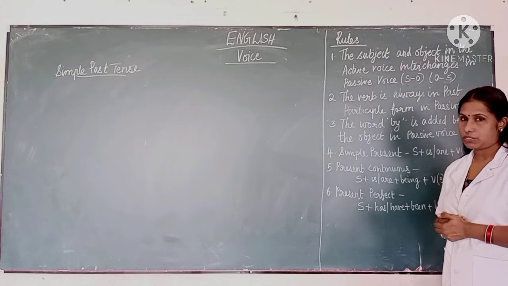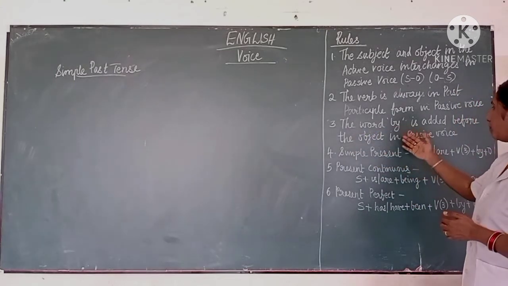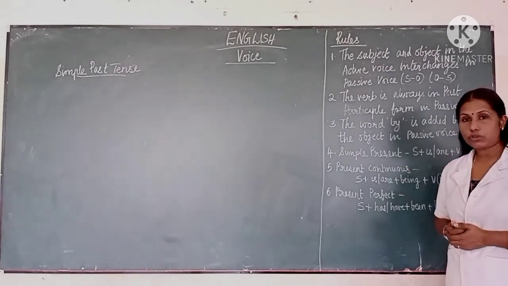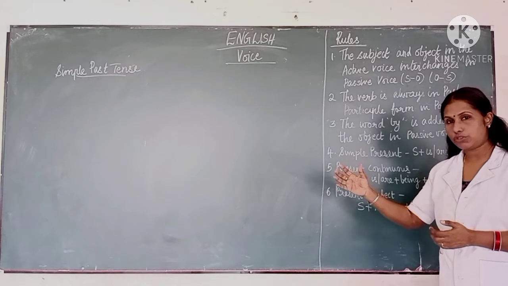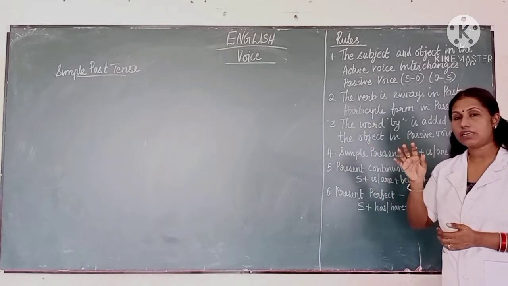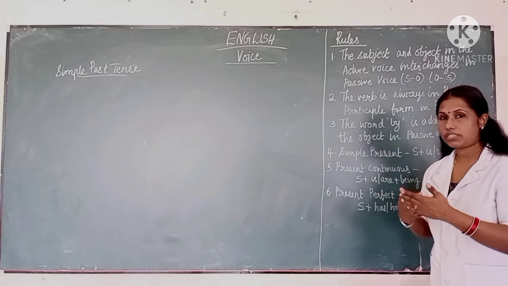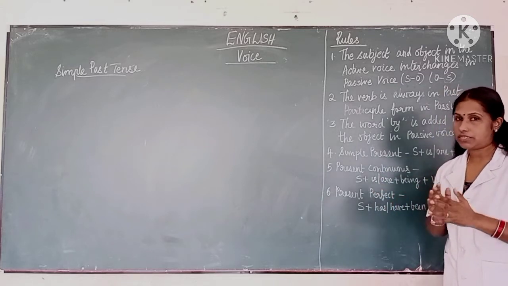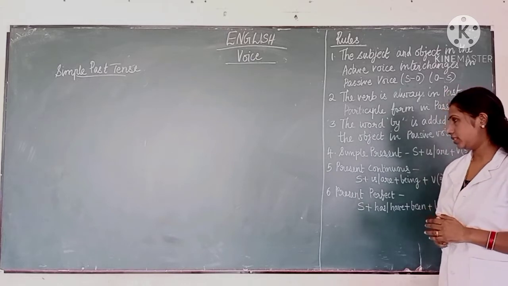The next one is that the word by is added before the object in the passive voice. So before the object we always add the word by. That is one extra addition that we find in passive voice sentences when converting from active voice.